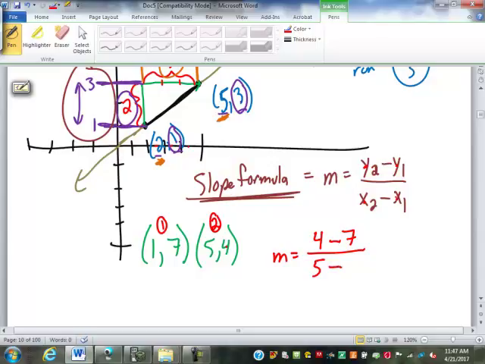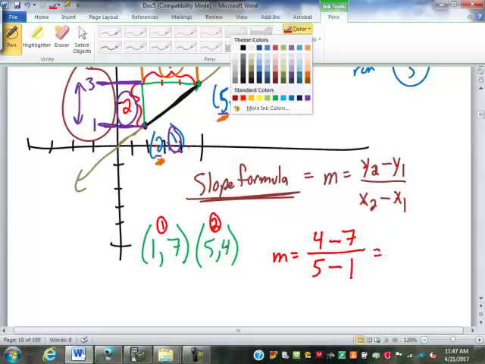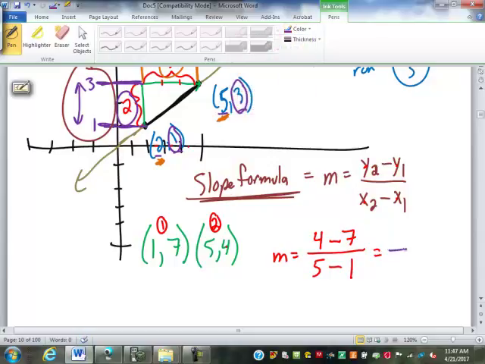Minus x1 will be 1. So we have 4 minus 7 is -3. And 5 minus 1 is 4. Perfect. Thank you. So now we have -3 over 4 or -3/4. A negative divided by positive means it's going to be negative, so I can put the negative out front.